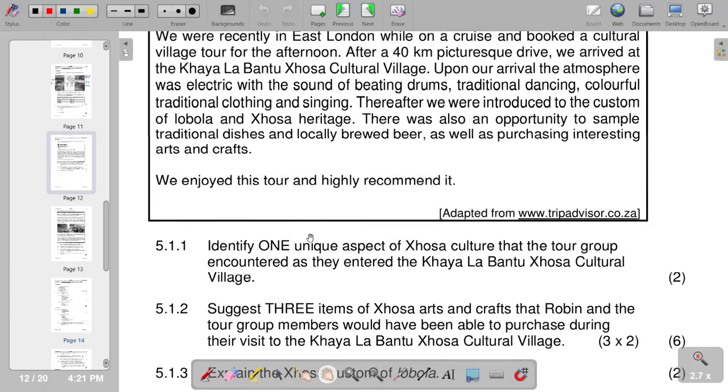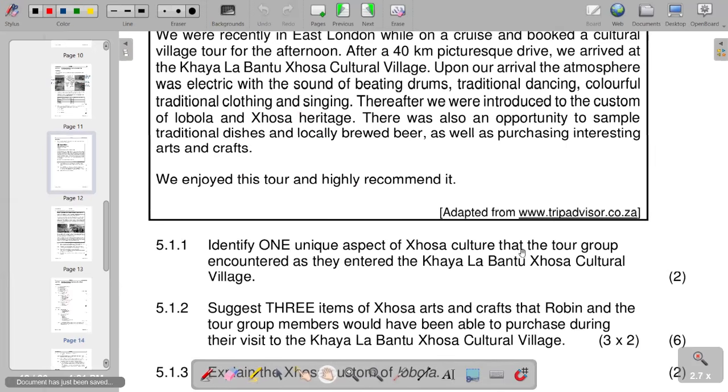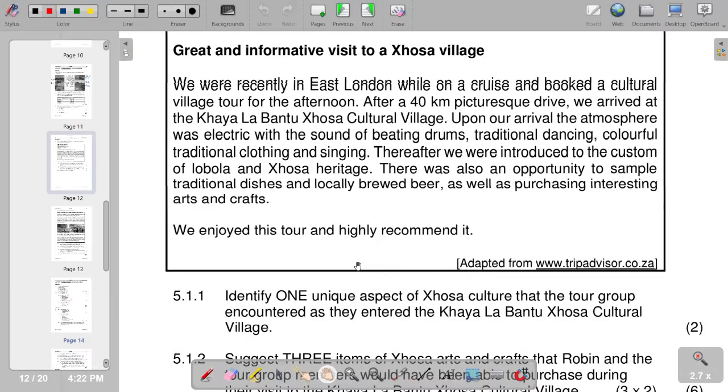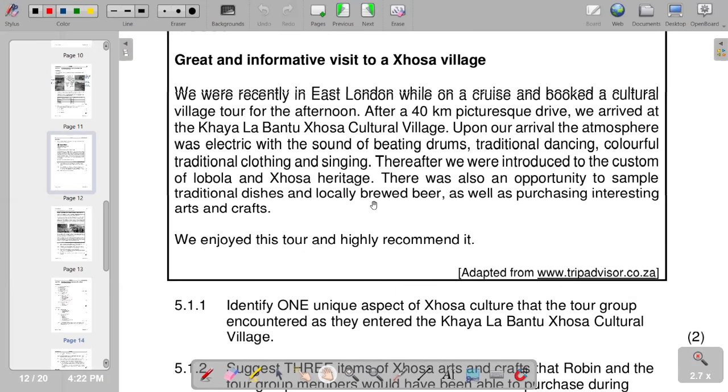On the first part, identify one unique aspect of Xhosa culture that the tour group encountered as they entered the Kaya Labantu Xhosa cultural village. So we refer to what we are given and see if we can come up with the answers as required. Upon our arrival, the atmosphere was electric with the sound of beating drums, traditional dancing, and also colorful traditional clothing and singing.